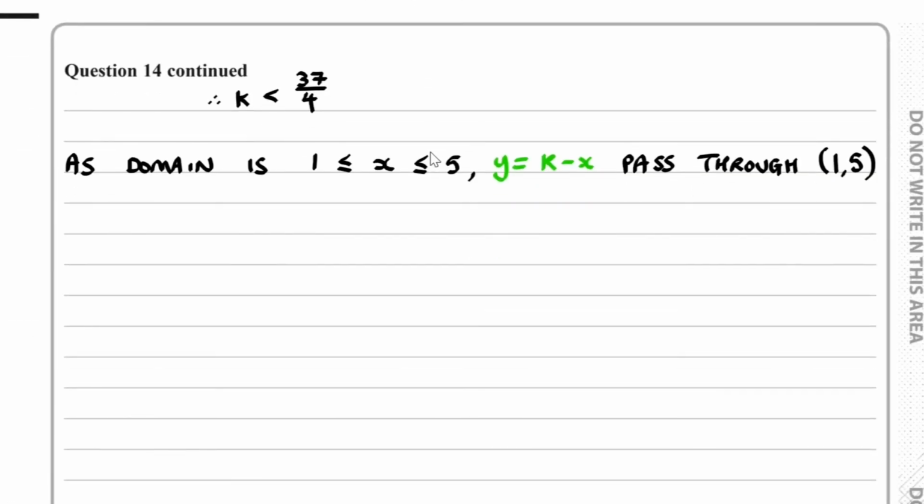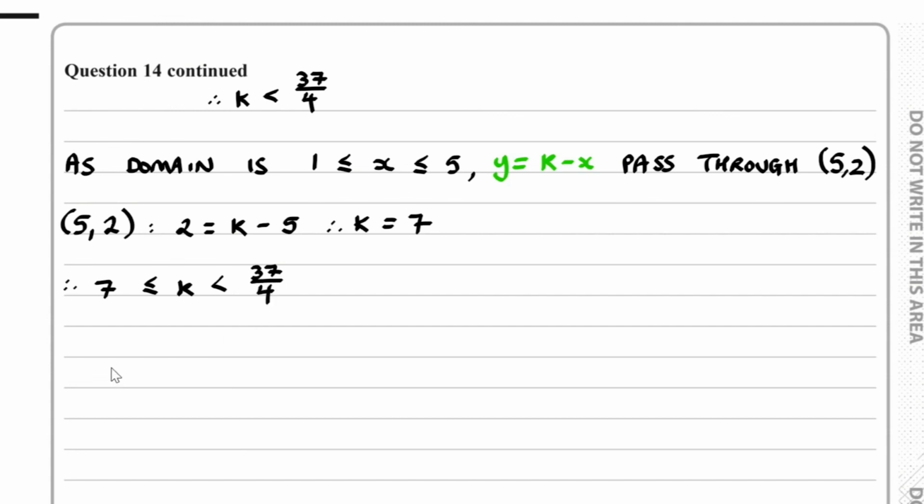So at 5, 2. If I use that point 5, 2, I've got 2 equals k minus 5, so therefore k is equal to 7. And therefore, the solution to my inequality, I've got 7 which is less than or equal to k, which is less than 37 over 4.